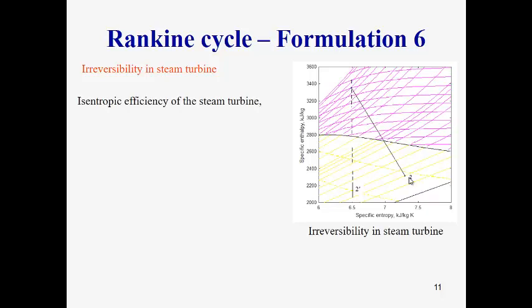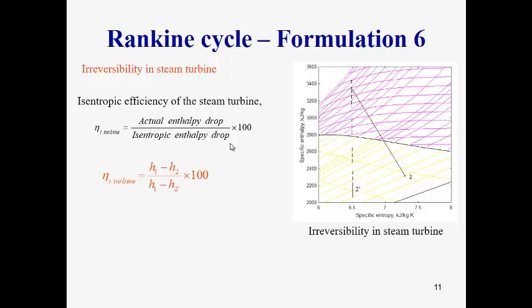So the isentropic efficiency for this turbine is defined as the smaller value by the higher value, that is the actual enthalpy drop and the isentropic enthalpy drop. Actual is h1 minus h2, isentropic is h1 minus h2 dash.